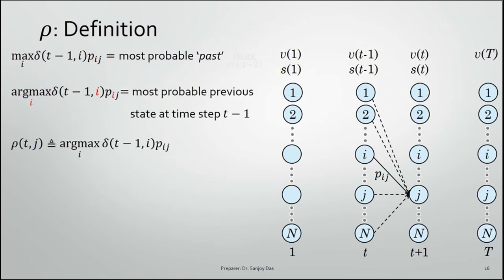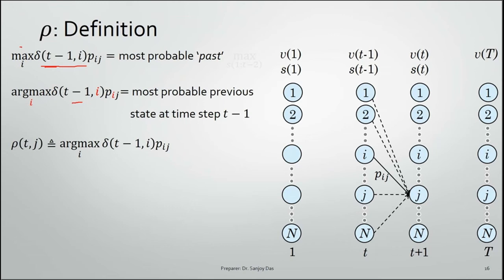While doing the maximization, if we also record the argmax, see, it's the same thing here. This is delta t minus 1, i, Pij. Here you are finding the max probability.